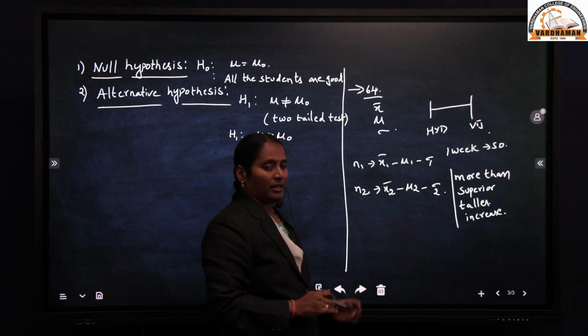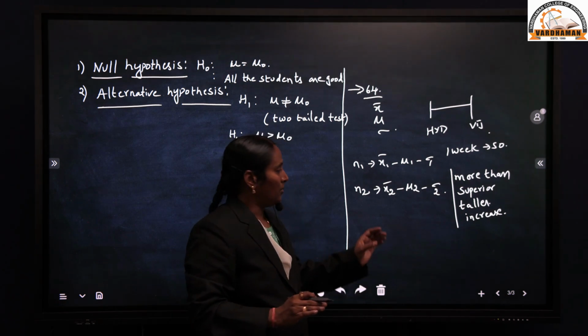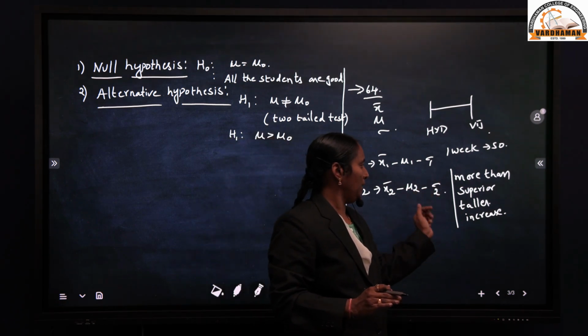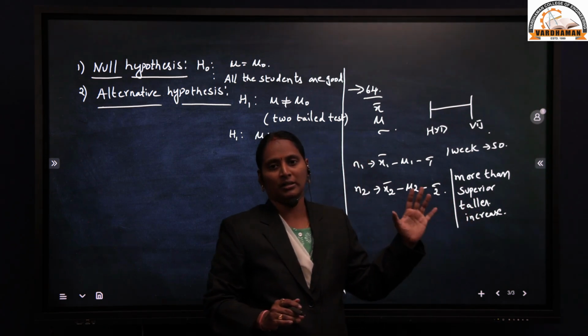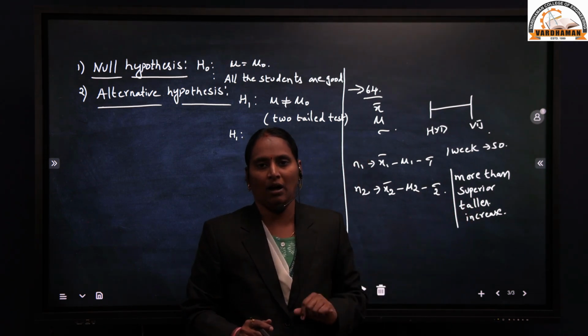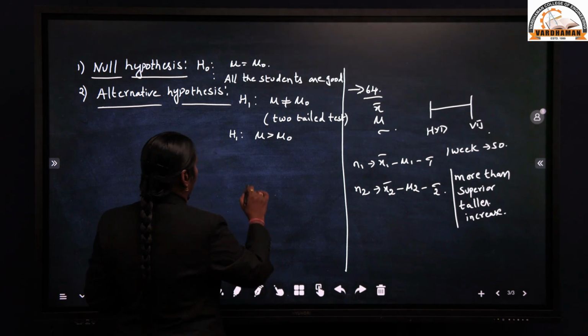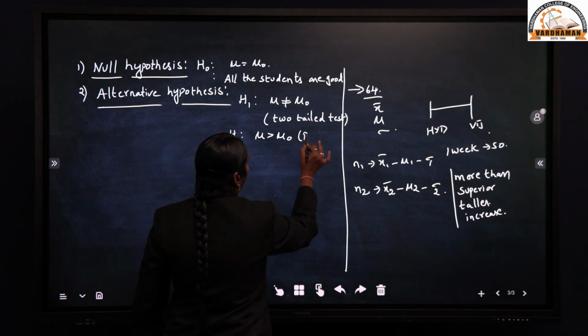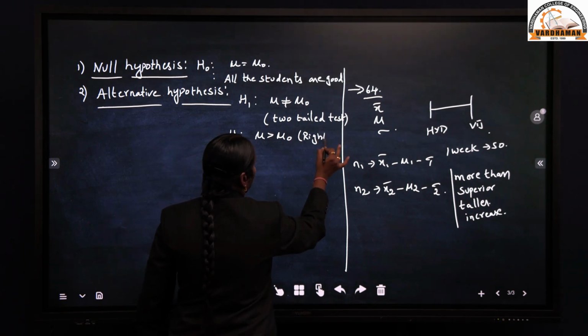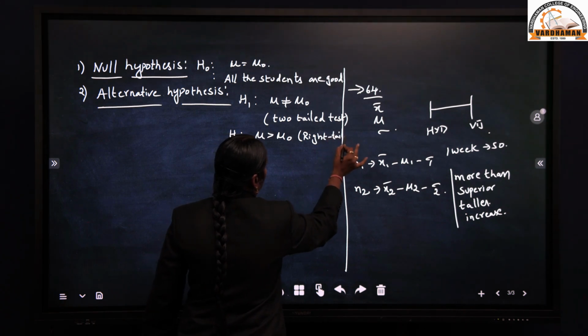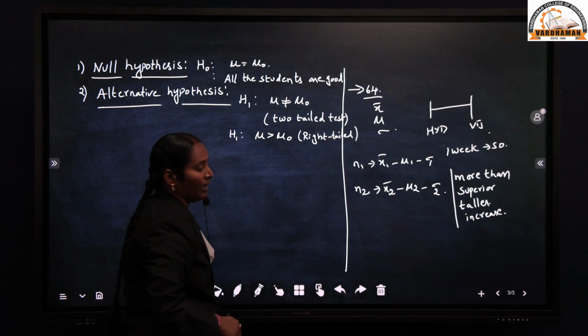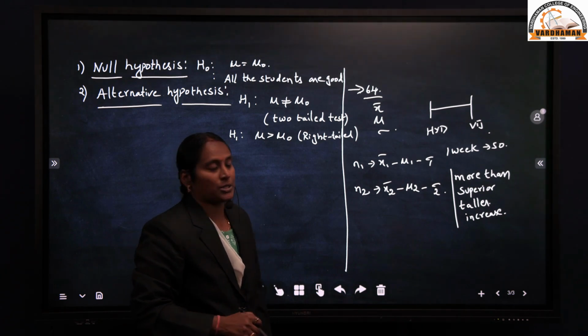It means that if the problem contains more than, superior or taller than, the data is going to increase compared to the other data, we write H1: mu greater than mu naught. Then the type of the test is a right-tail test.